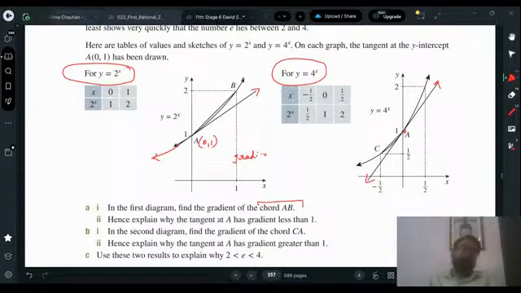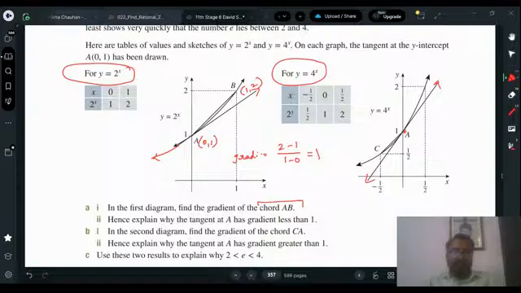What is the point B? (1, 2). Gradient is equal to the difference of y by the difference of x: 2 minus 1 by 1 minus 0 is equal to 1. That is the gradient.